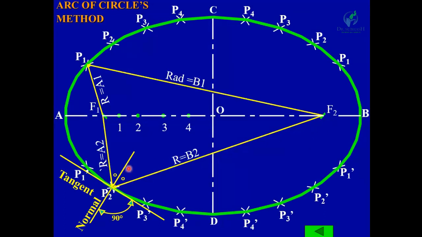First of all, if you want to draw a tangent and normal at this point P2, then join this point with F1 and F2, and now bisect this angle F1 P2 F2. So this bisector is the normal of this ellipse, and if you draw a line perpendicular to this normal, it is known as the tangent.